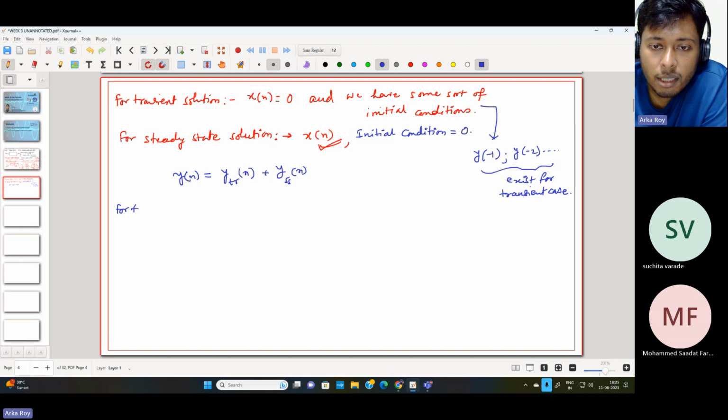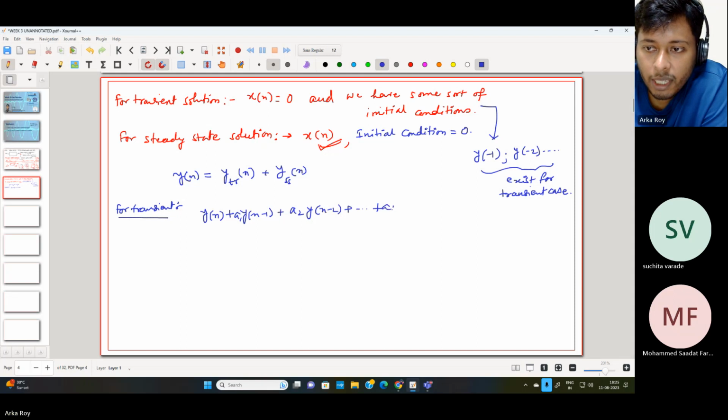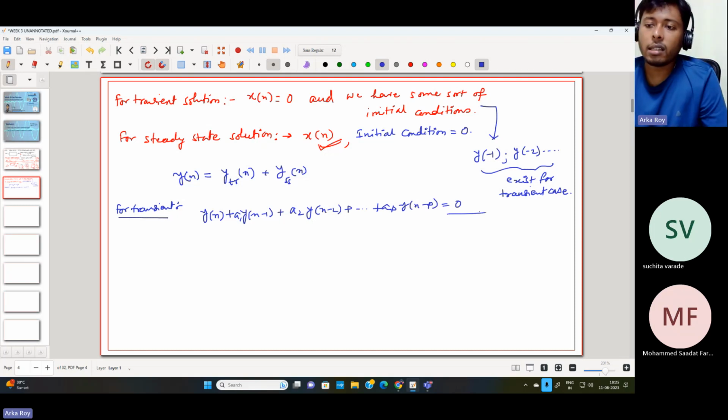For transient, the equation could be written like this: y of n plus a1 y of n minus 1 plus a2 y of n minus 2 dot dot a_p y of n minus p, right side will be equal to 0, as we'll consider that in the time domain the input x of n is not present, and in the more specific case we'll consider that x of n is switched on at n equals to 0.